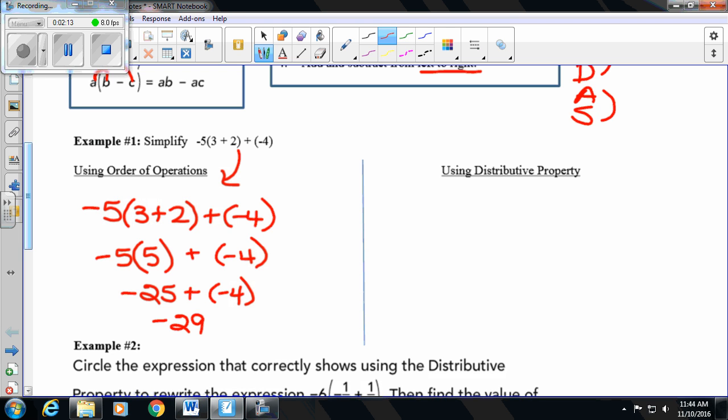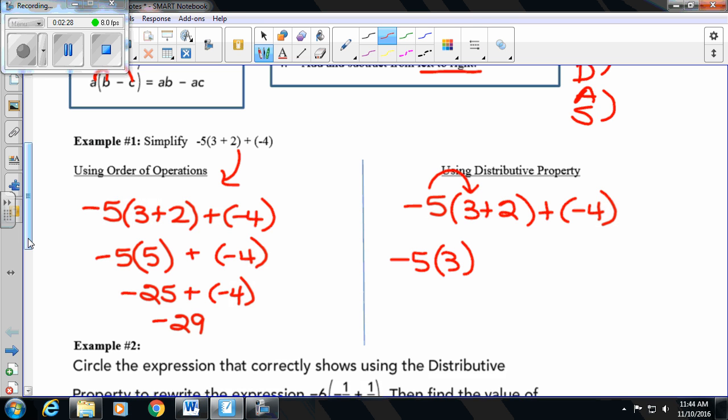Now, using the distributive property, I should still get the same answer. So when I distribute here, I have negative 5 times 3, and I am going to write it out the long way first, plus negative 5 times 2, and then I'm going to rewrite my plus negative 4.